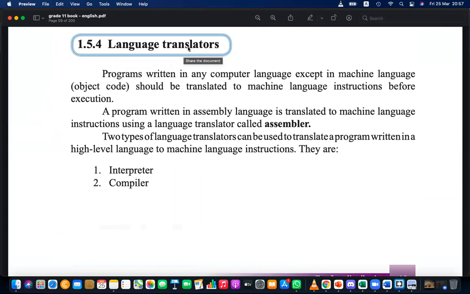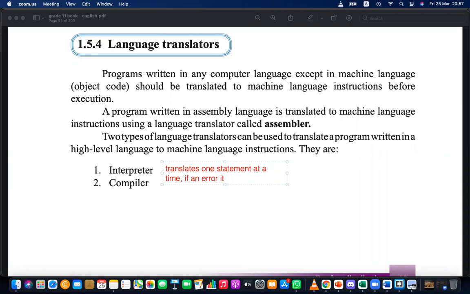I'll give a very short, easy-to-remember note. Interpreter translates one statement at a time. If there is an error, it will stop.